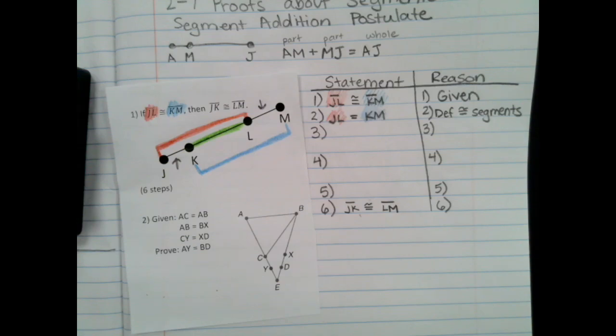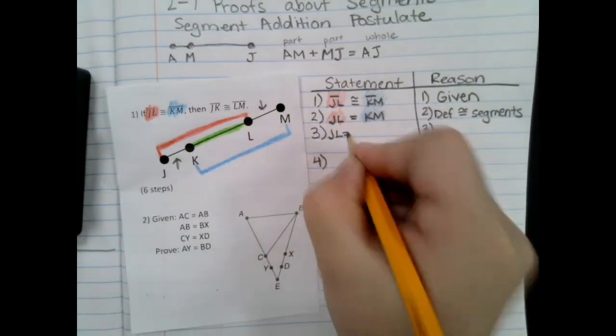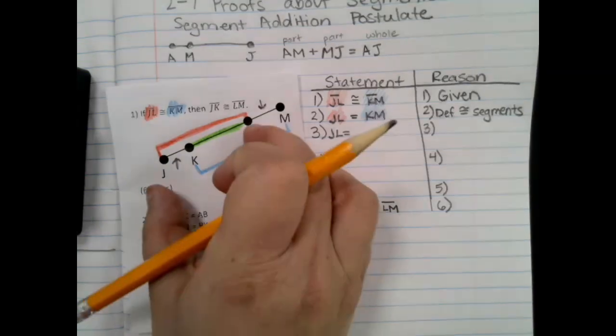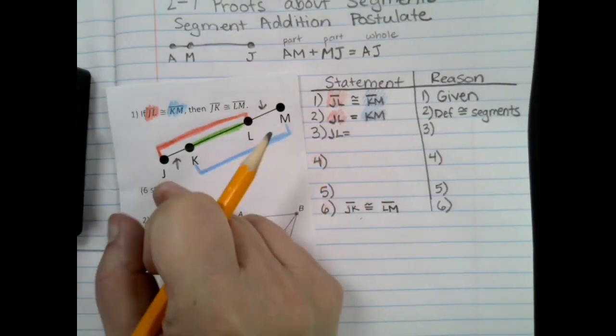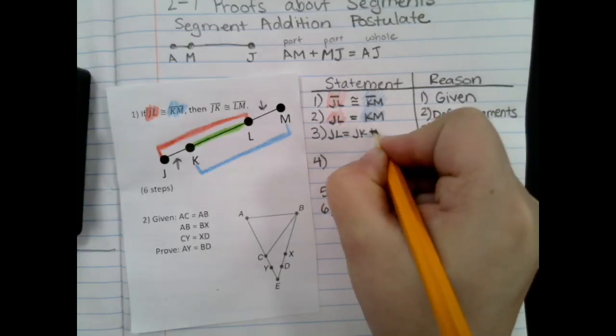What parts is JL made out of? How can I break JL up into 2 parts? Yep, J to K and K to L.